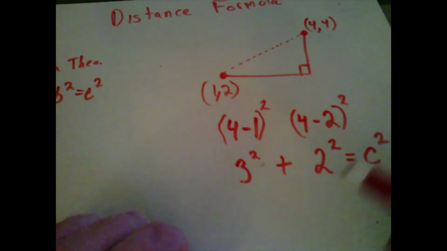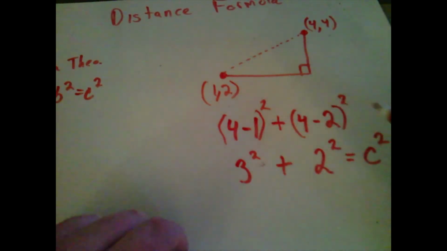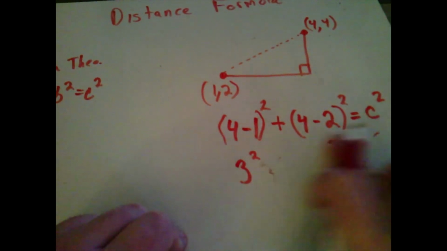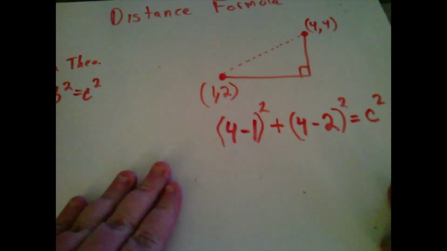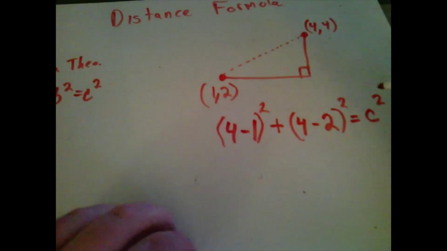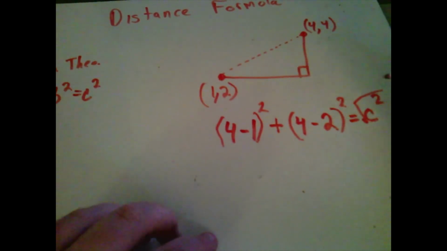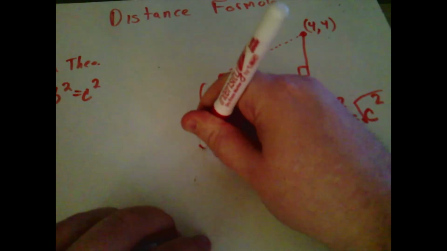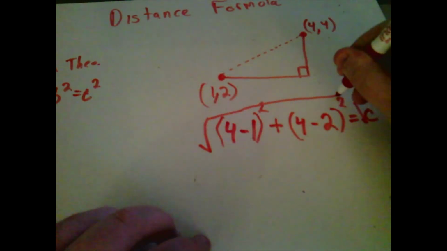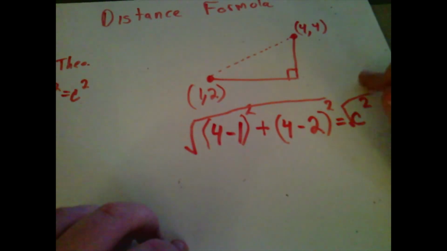Good so far? Well, we added those together, and we got c squared. Now, we took the square root of both sides of the equation, so let's take the entire square root of everything over here so that we can cancel this out. So now all we have left on this side is c.